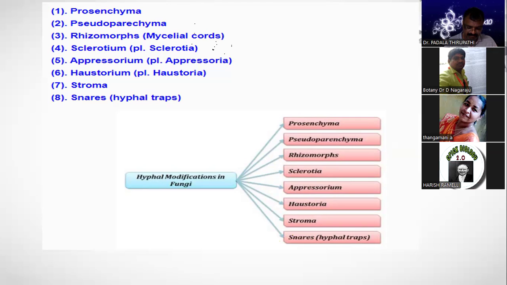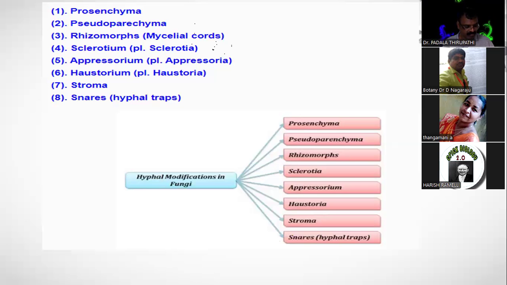There are 5 types of Haustoria. And Appressoria are peripheral mycelium, outside of the cell wall, with finger-like projections. Appressoria are only for attachment, whereas Haustoria absorb the nutrition.